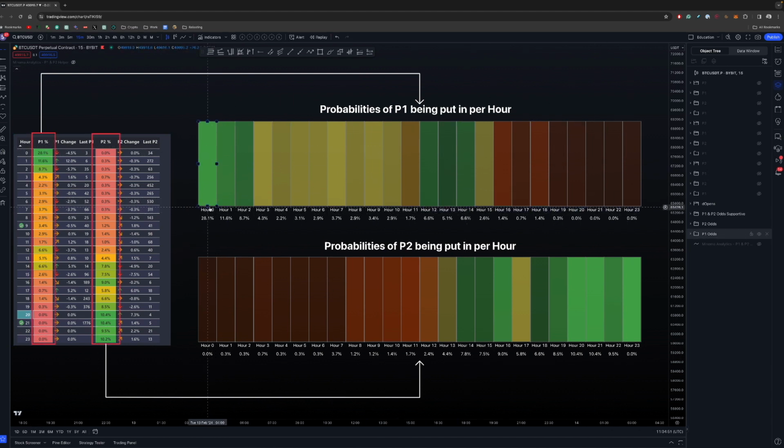And then we can see what the probabilities are to put in the first pivot of the day in each of these hours. This is not an indicator or anything. I drew this myself, so it's just for explanation purposes. And here we see the same, where you can see the probability of the second pivot of the day being put in per hour. So this is how you have to interpret the P1, P2 columns.